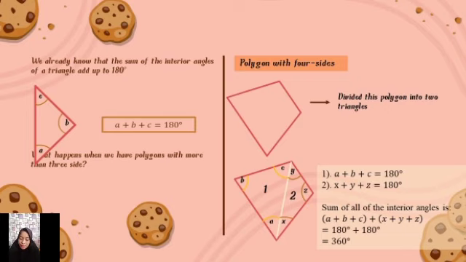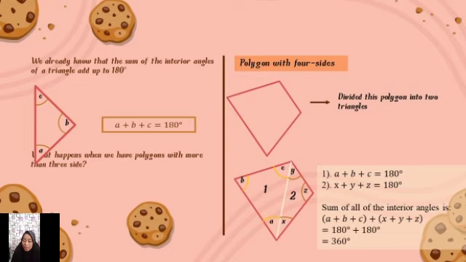Next, a polygon with 4 sides. We know we can divide this polygon into 2 triangles. In one, A plus B plus C equals 180 degrees, and in the other, x plus y plus z is 180 degrees.